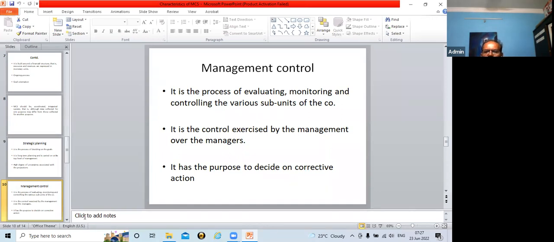We come to know these loopholes once we start implementing the strategy. At that time, the lower level and middle level management should communicate these loopholes to the top management.